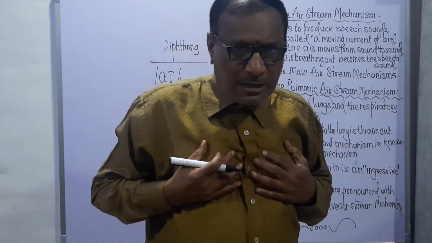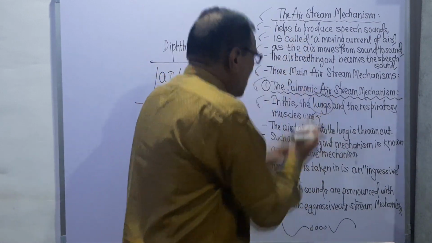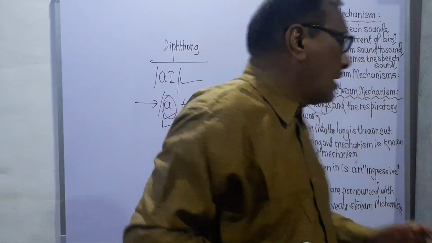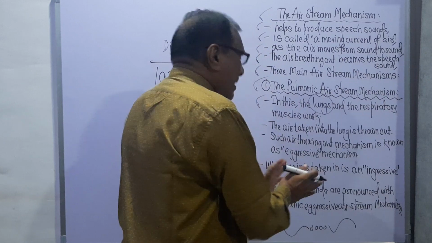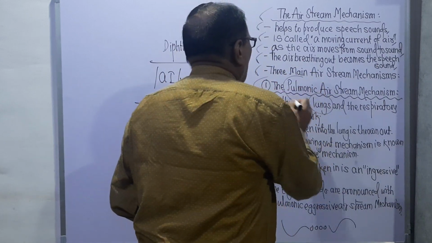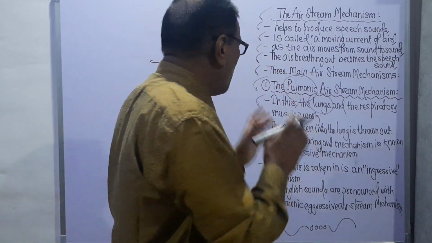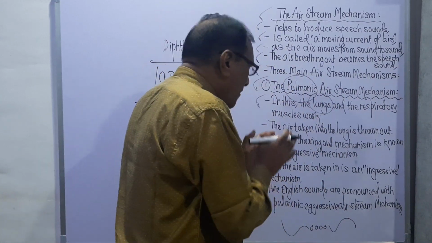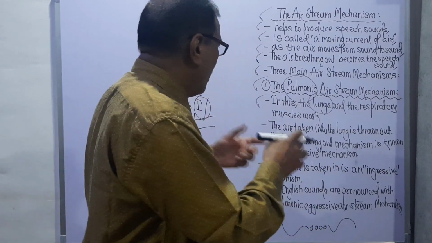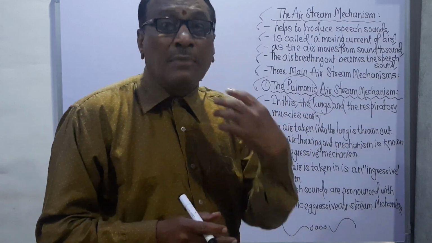These are the lungs, and these lungs and the respiratory muscles work in this system, and they make the airstream mechanism, and that airstream mechanism is called the pulmonic airstream mechanism. So the pulmonic airstream mechanism is spoken with the help of the lungs and the respiratory muscles.